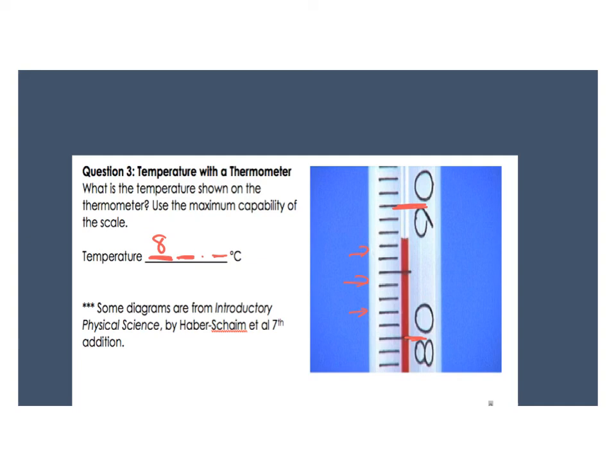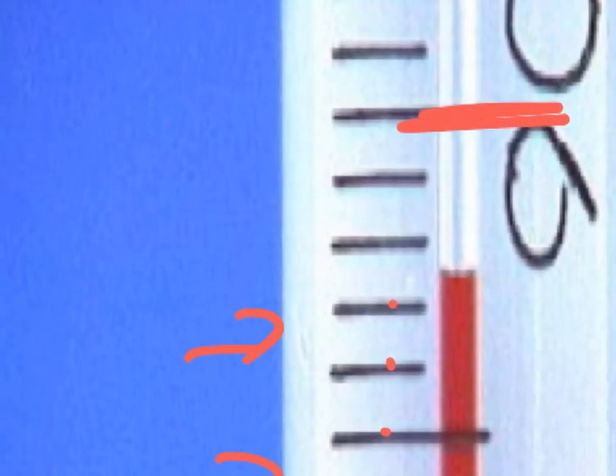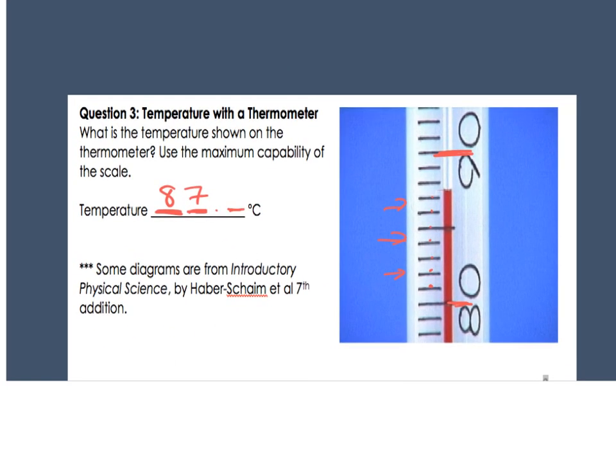It goes to 80, 81, 82, 83, 84, 85, 86, 87. And then I'm going to look in that gap. To me, it looks like it's almost exactly halfway in there. So I'm going to go with 87.5 degrees Celsius. And that is how you measure using a tool to its maximum capability.